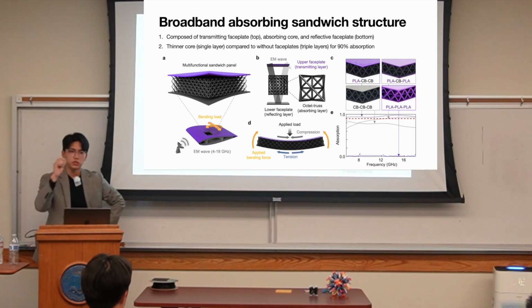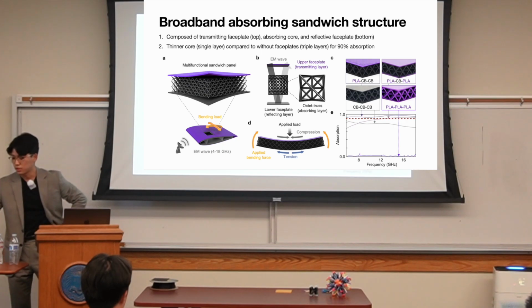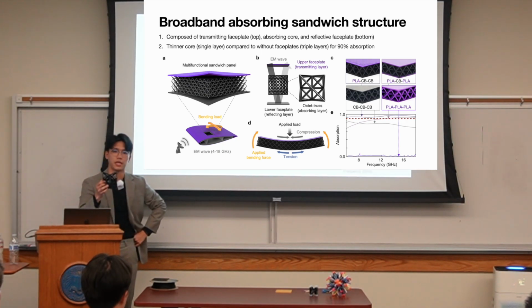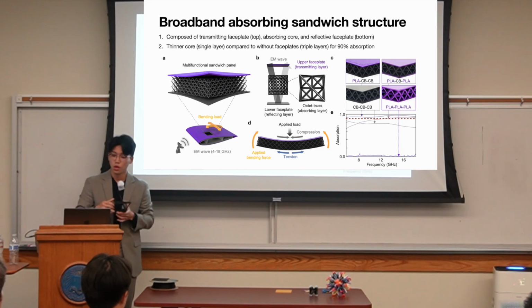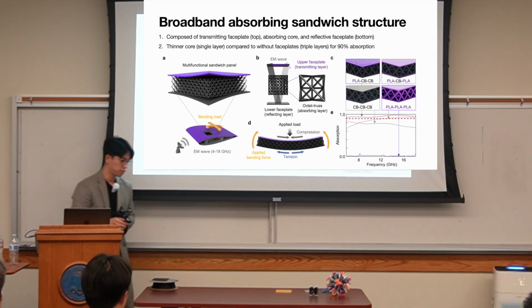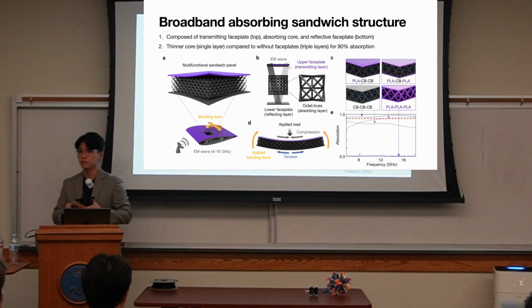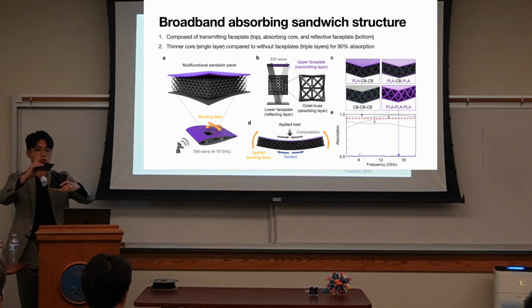So in addition to the idea of using this architected porous structure as an absorbing material, what we have done is to place different materials on top and the bottom, not just to provide the cover for the structure.